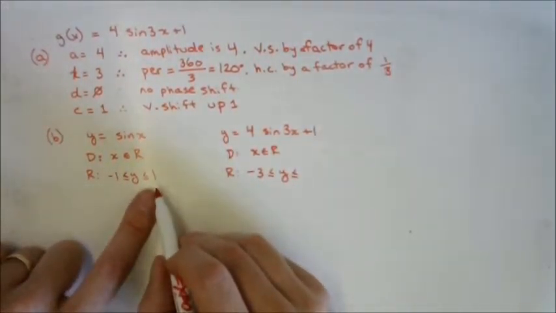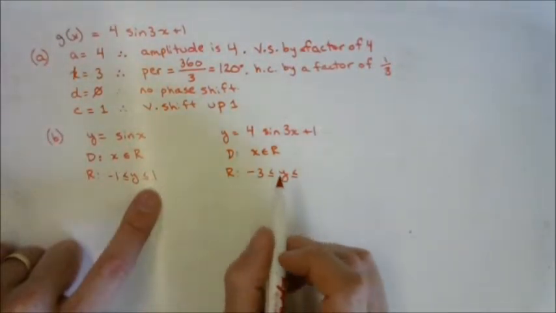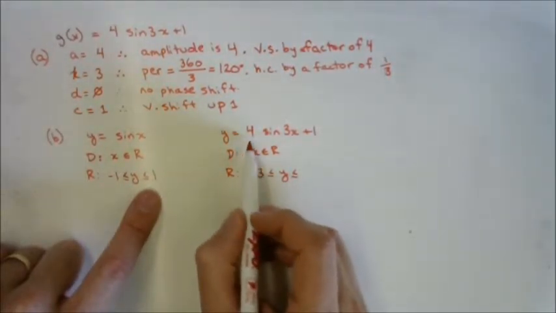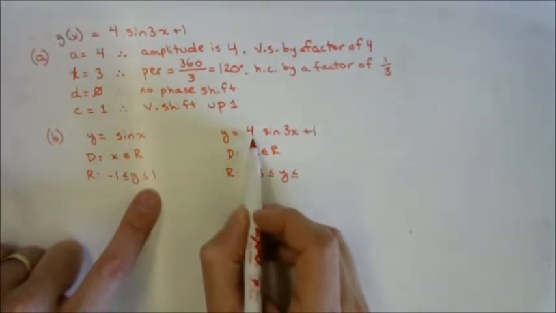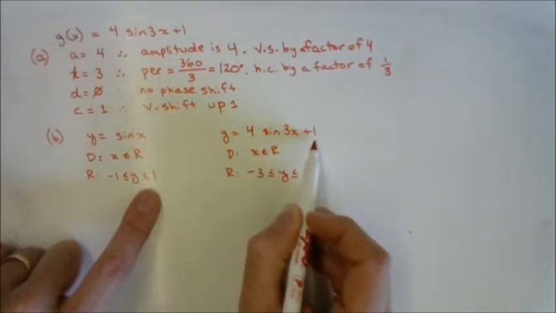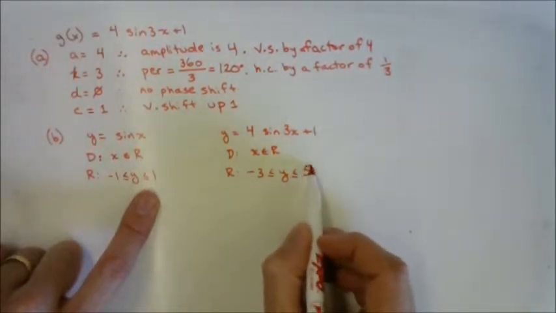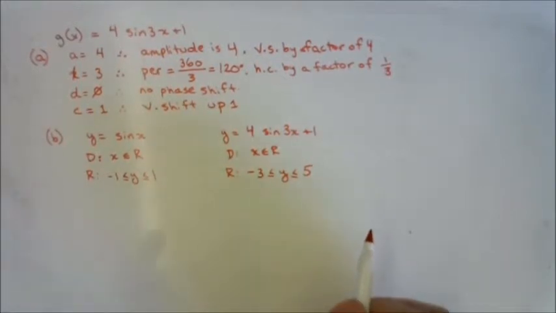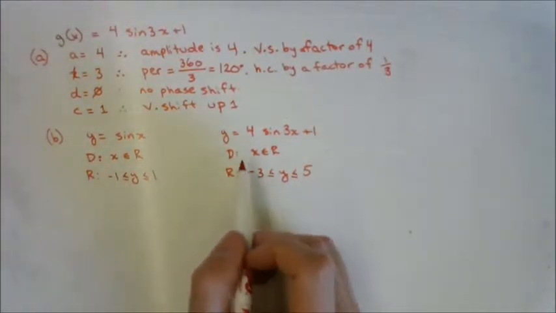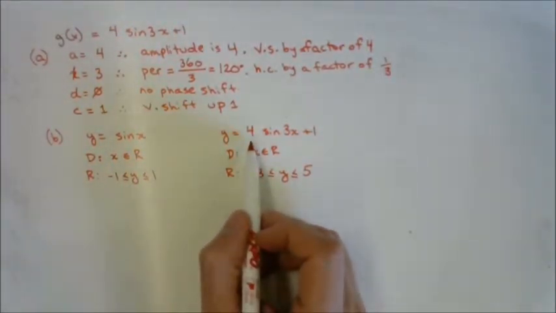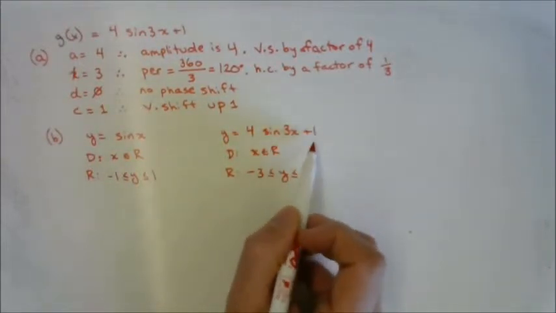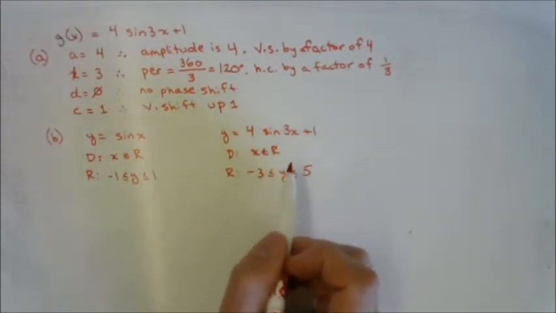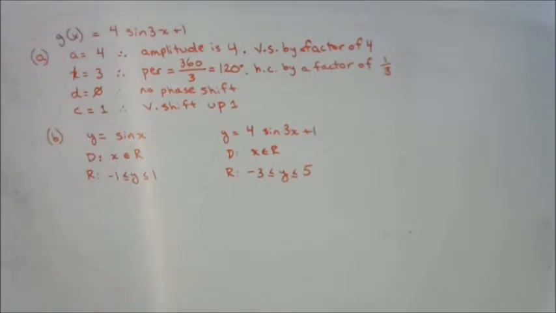What's your new maximum going to be? You're going to stretch it by 4. So your new max will be 4, and then you're going to move the whole thing up 1. Okay? So another thing we just kind of reviewed incidentally is the fact that you deal with the stretch, compressions, reflections first, then you deal with the transformations, the shifts. Okay? So there we have our new range.